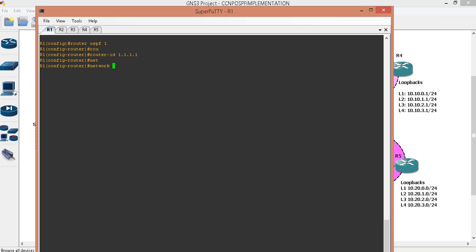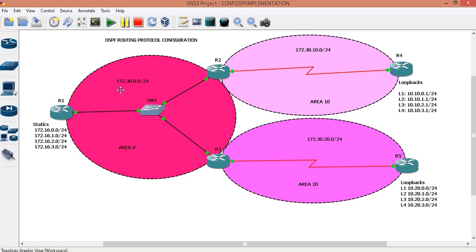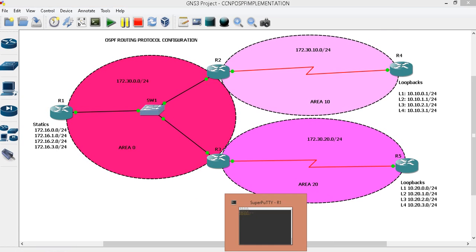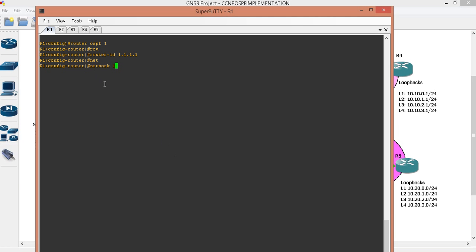Which network are we talking about here? We're talking about the 172.30.0.0/24 network, so I will type the network with its wildcard mask. That's been treated at the CCNA level. Then area 0, that's the backbone area.